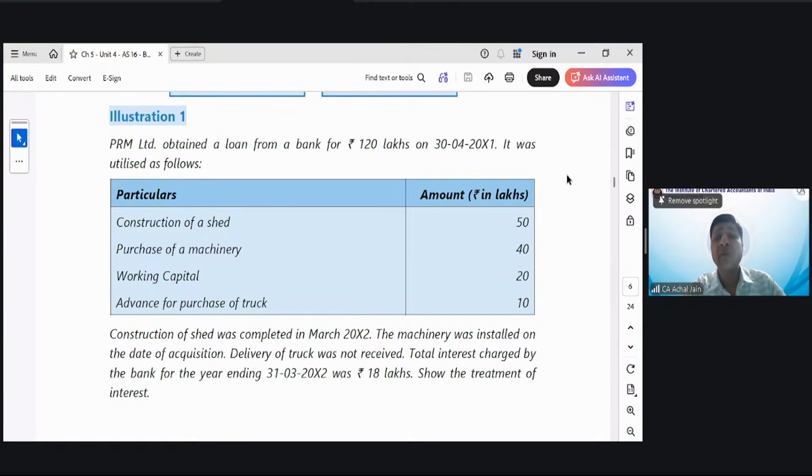Very good. Now tell me, do you have the split available for the interest portion in respect of the truck? No. So how do you compute that? We may take it on a ratio basis or maybe a percentage basis. Okay, ratio basis or percentage basis.